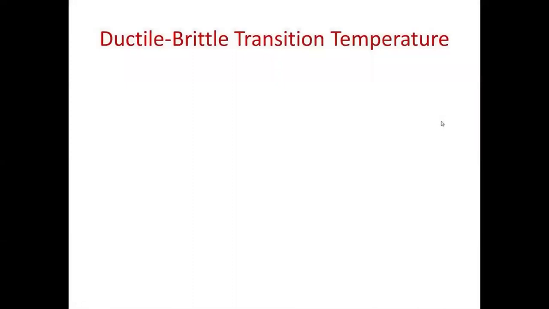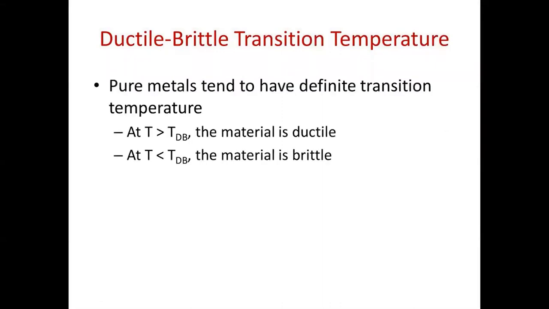So this is related to a property of some materials called the ductile to brittle transition temperature. Pure metals which have a transition temperature tend to have a very definite transition temperature called TDB. At temperatures greater than the ductile to brittle transition temperature, the material is ductile.